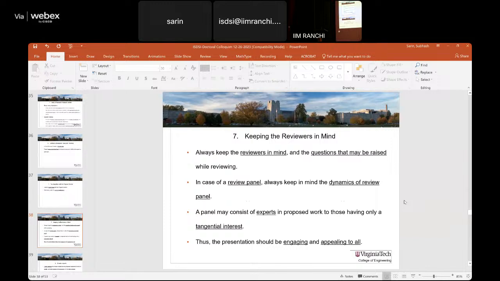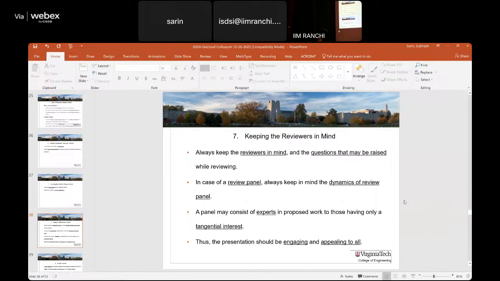Many questions arise. Oh, why did I write this thing? Why am I developing this thing? And if you can answer those questions in the proposal itself in a subtle way, then actually you have answered the reviewers' questions already, and that constitutes a very good proposal, because then the reviewer won't have any questions to raise against the proposal.